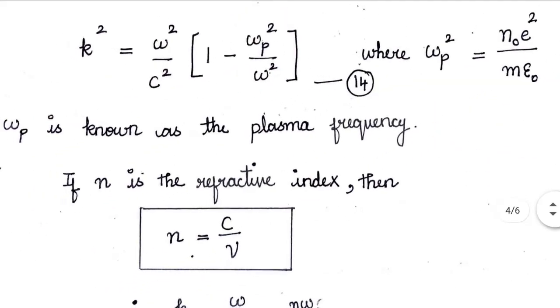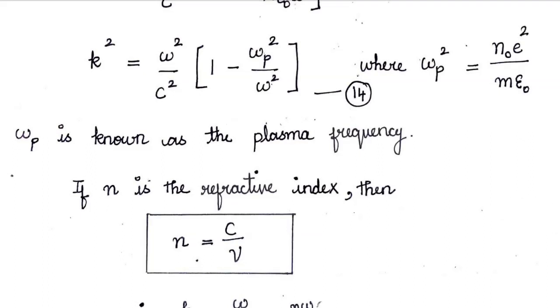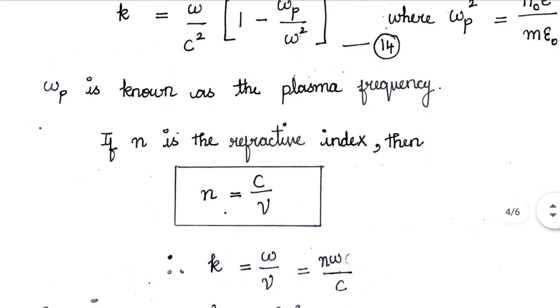Okay, we all know the refractive index is defined by n is equal to c by v. So, the refractive index is equal to the velocity of light in air divided by the velocity of light in the medium, or the velocity of the electromagnetic wave in free space divided by the velocity of the electromagnetic wave in the medium. So n is equal to c by v.